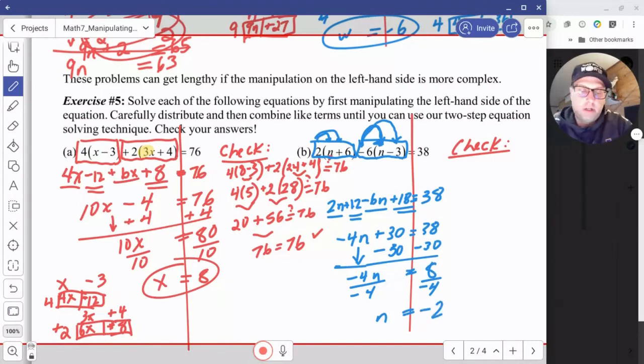All right, let's check this. Okay, on our check, here we go. Going back to the original equation on B. So 2 times n plus 6. So 2 times n, we think, is negative 2.